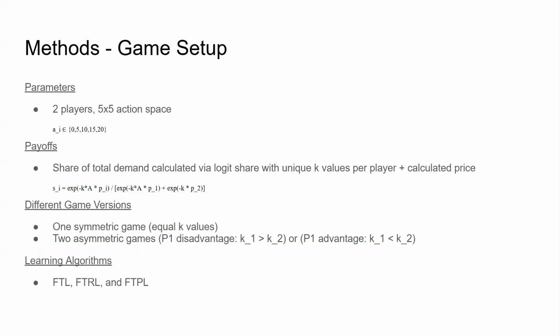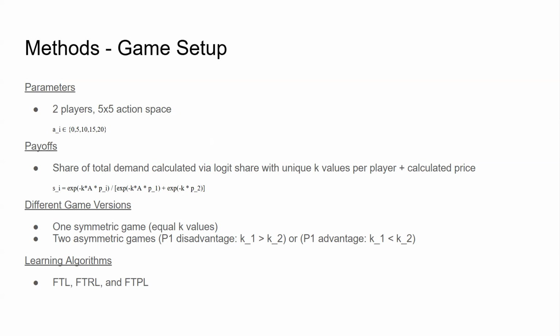So the game setup for this is there's two players, and there's only five actions that each player can take, and that is setting their margin to either 0 cents, 5 cents, 10 cents, 15 cents, or 20 cents. And then the payoffs are calculated by taking a predetermined total demand that either player can get, which is 1,000 in all of the trials, and then computing their share of this demand using logit share and using K values for each player.